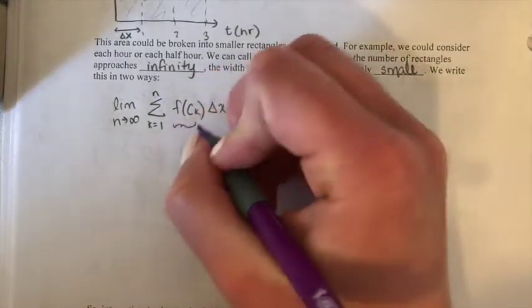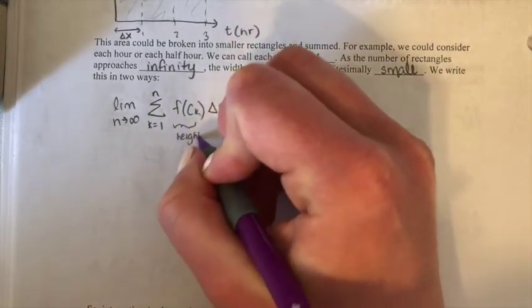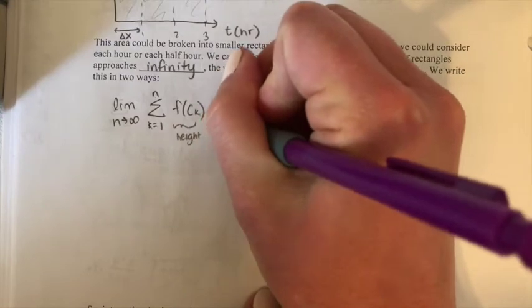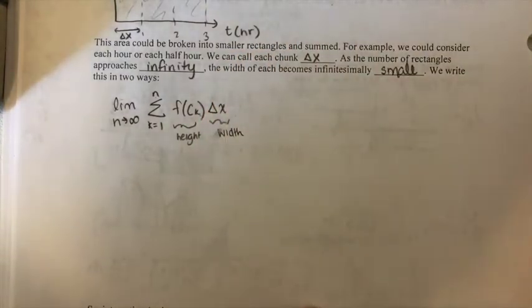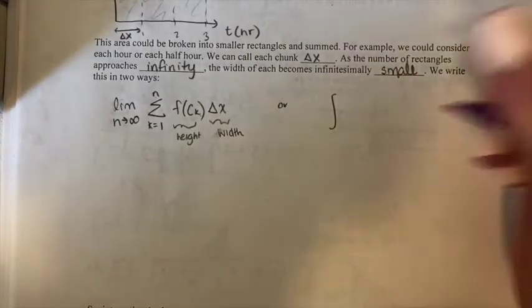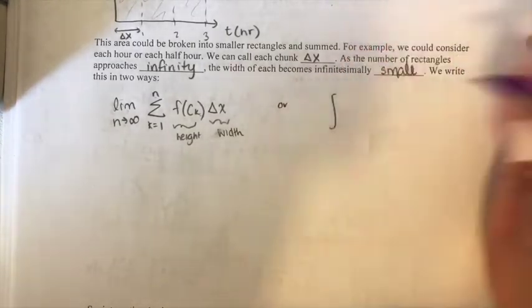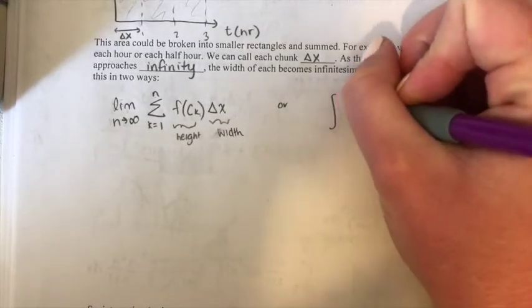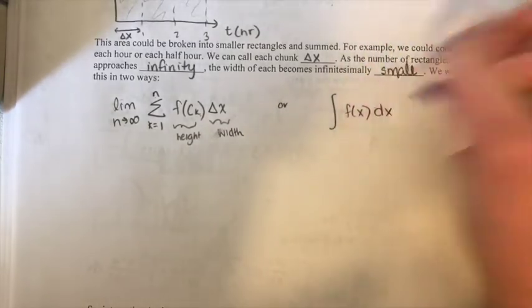So this is like the height of the rectangle. This is the width of the rectangle. Or we can use this integral symbol. So this one's new. It kind of looks like a stretched out S, so it's also a sum. So we're going to go of f of x times dx.